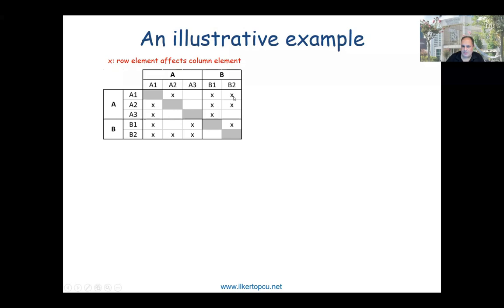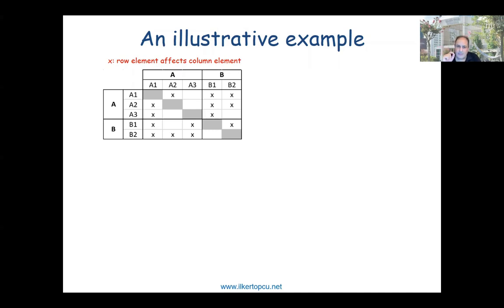A1 affects B1 and B2. As I said, if you have a certain number of experts, you can have a threshold value. If let's say 6 of 9 say, okay, A1 affects A2, but just one of them says A1 affects A3, and others say no, there is no effect, you are leaving that entry empty.